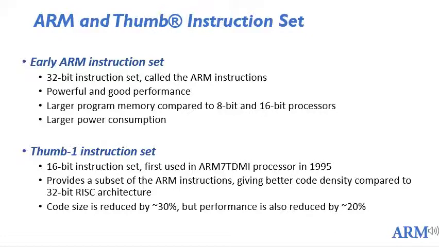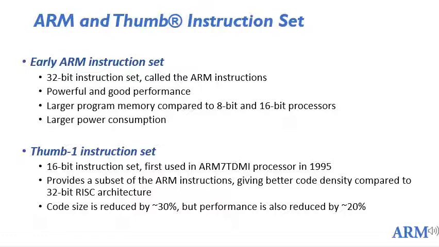Before moving on to the actual instruction set, I'll recall what we have already studied in module 1. The earlier ARM processors consisted of only one instruction set, that is the 32-bit ARM instruction set. That means all the instructions in the ARM instruction set were 32-bit long.